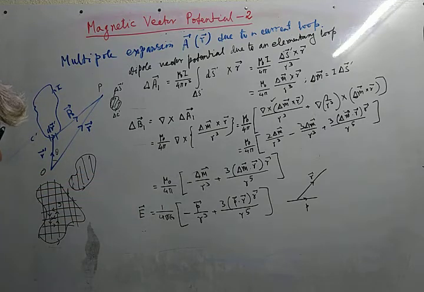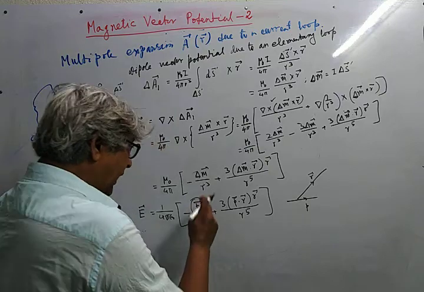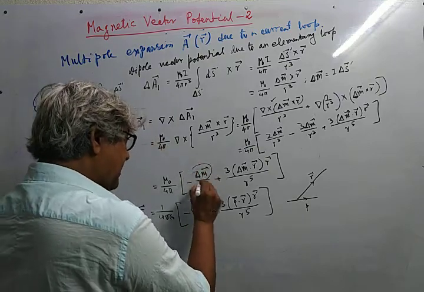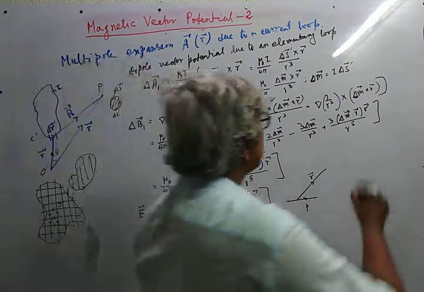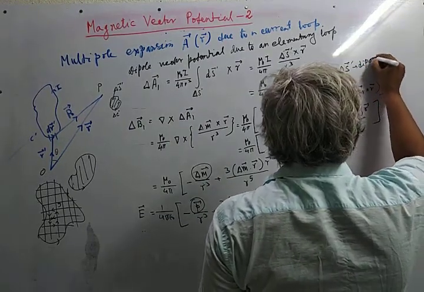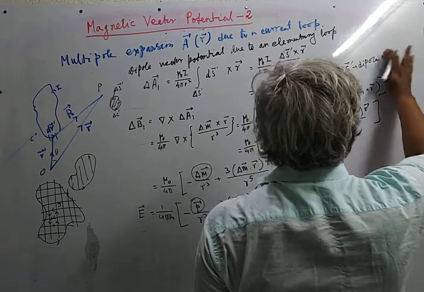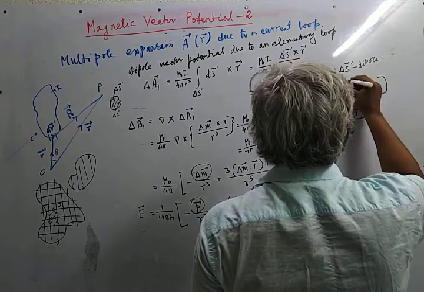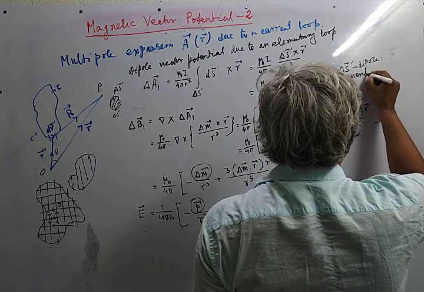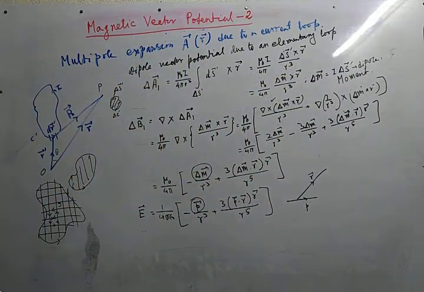So in electrostatics, the dipole moment p and delta m has the same role. That's why it is called dipole moment. It is a very interesting and important quantity in physics.